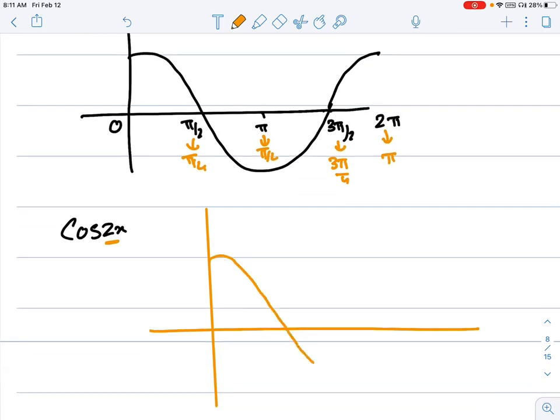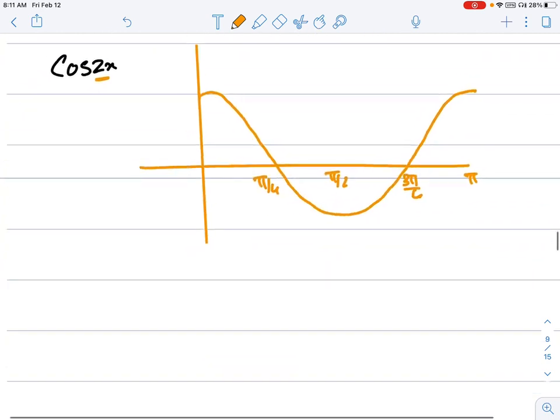So I'm going to draw the same shape, but write pi by 4, pi by 2, 3 pi by 4, and pi. This is the shape for cos 2x. So remember, whenever it is 2x, the x values get divided by 2. If it is 3x, the x values get divided by 3. This is cos 2x. Now that is step 2.